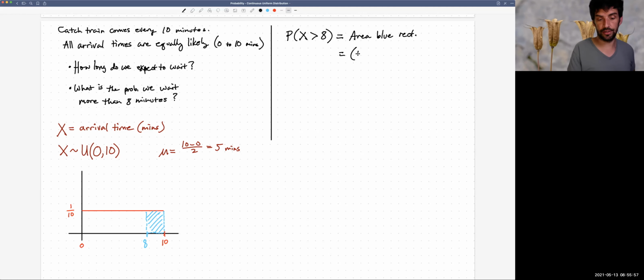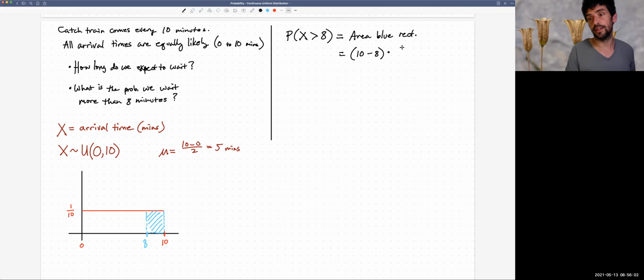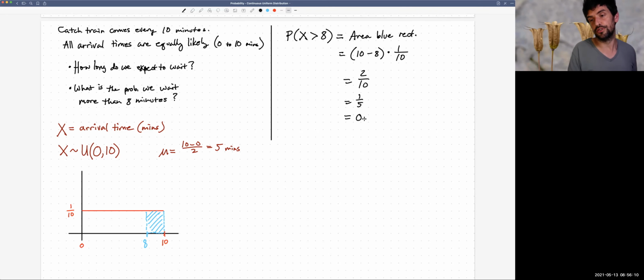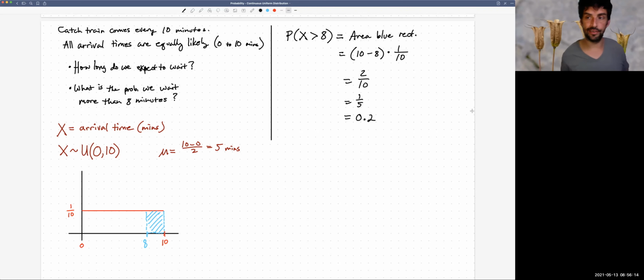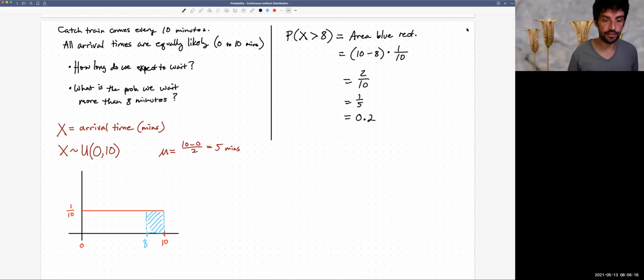In this case, the width is 10 minus 8, or 2, and the height we already discovered was 1/10, so 2/10, or 1/5, or 0.2. Okay, so there's a simple computation of the probability using the uniform distribution.